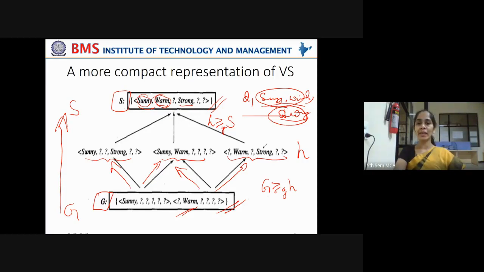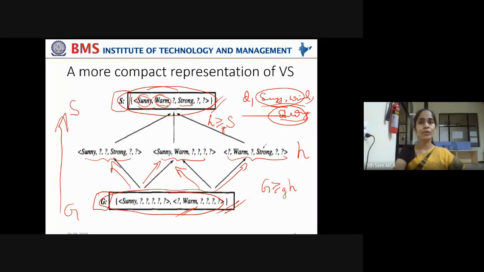Now, the version space is a compact representation of all the hypotheses. It contains a general boundary and a specific boundary. The general boundary has more general values for the attributes, and the specific boundary has more specific categories for the attributes. Meaning it has to be very specific, that the day should be sunny, or it should be warm, like that. That particular hypothesis has some specific requirements.